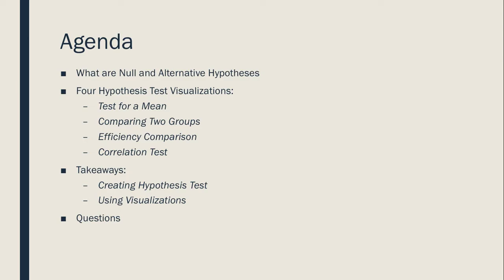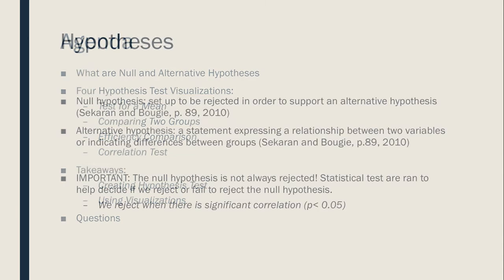We will then move on to the end with some important takeaways from the presentation for both creating a hypothesis test and using the visualizations. At the end, you can ask any questions you may have about the presentation and its information.